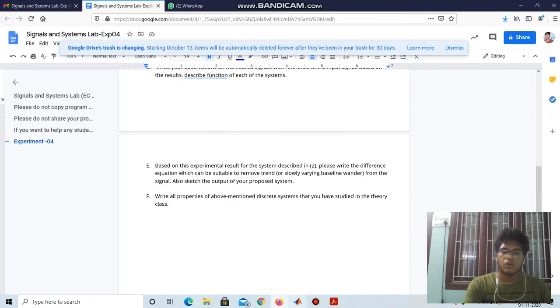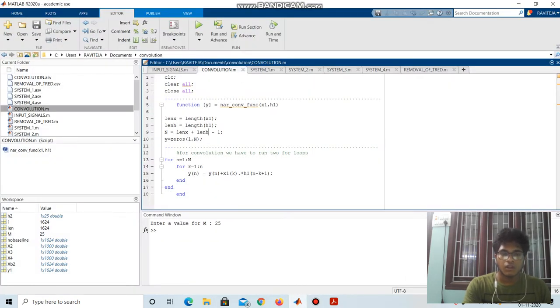Now, going to the code, initially for performing convolution, we have defined a convolution function which takes as arguments the input signal and the impulse response of the given system. For the convolution operation, we have defined an integer n whose value is equal to the length of the input signal plus the length of the impulse response minus 1.